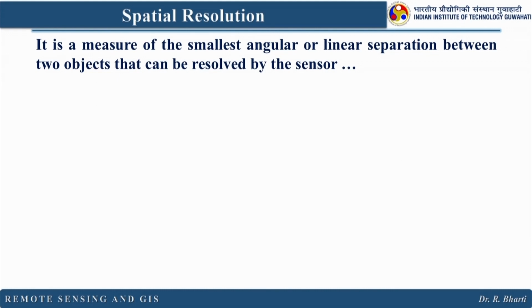Here we need to measure the smallest angular or linear separation between two objects through our sensors. It depends on the capability of my sensor, how small an area it can resolve in terms of values, and that will be recorded in terms of digital number, and we always call them pixels in images.